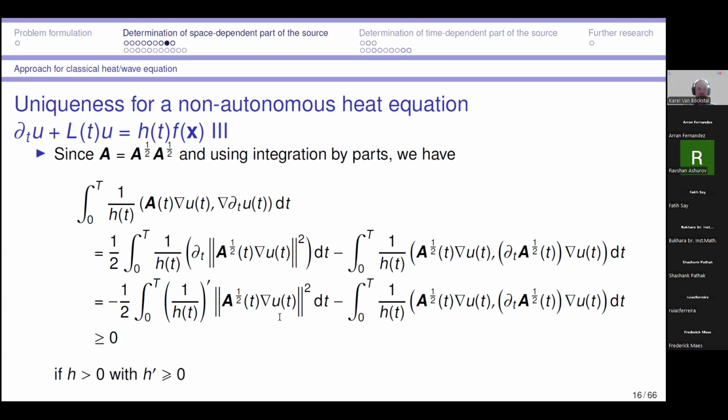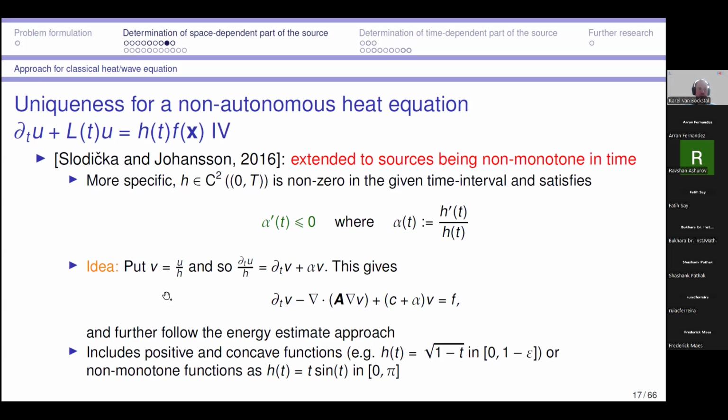And this was noted in a paper by Slodička and Johansson in 2016, where they looked at a function of t, and basically what they needed is that this derivative of alpha is negative.